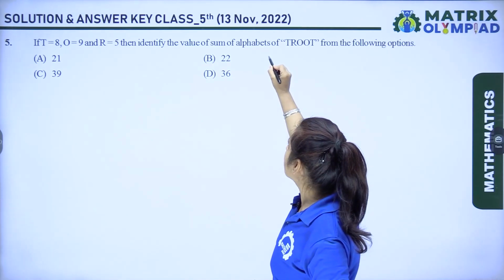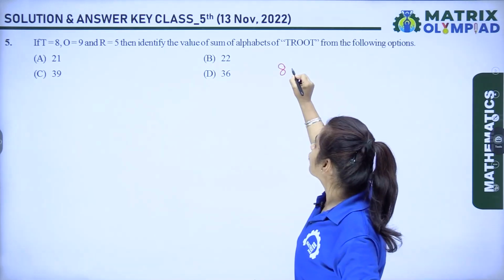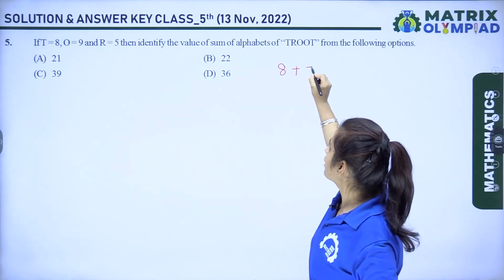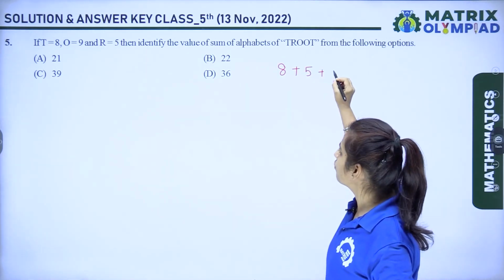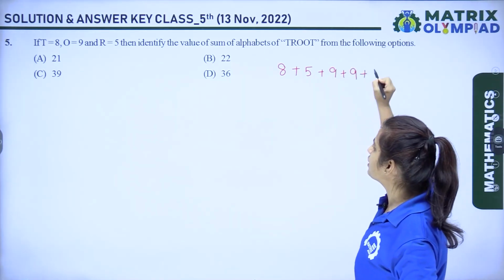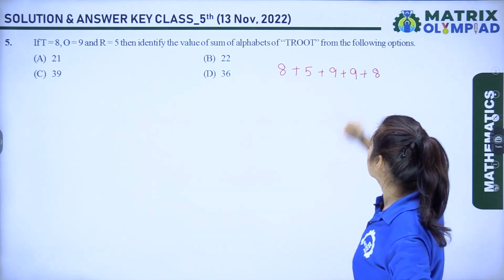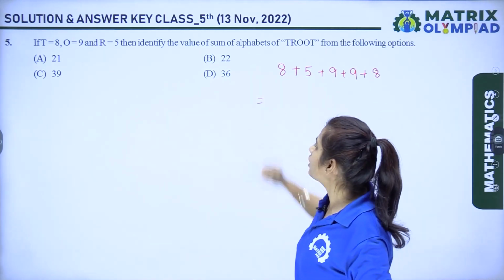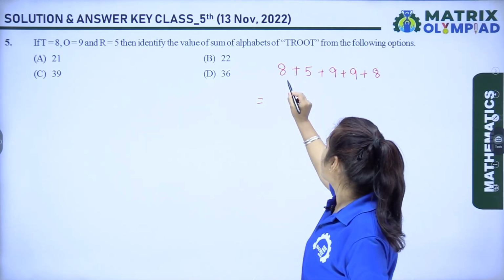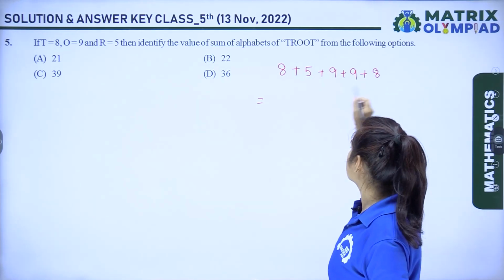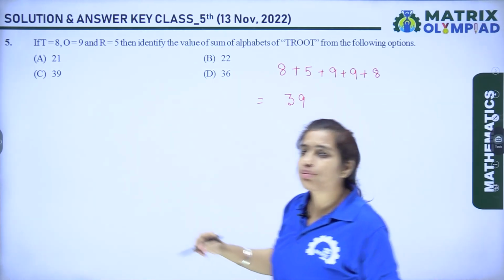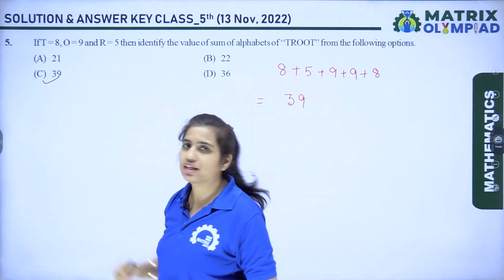Now, after putting the value, in place of T, we put 8, plus the value of R is 5, plus value of O is 9, plus 9, plus 8. Now we have to do the addition of these numbers. Now 8 plus 5 plus 9 plus 9 plus 8 is 39. So option C is the correct answer.